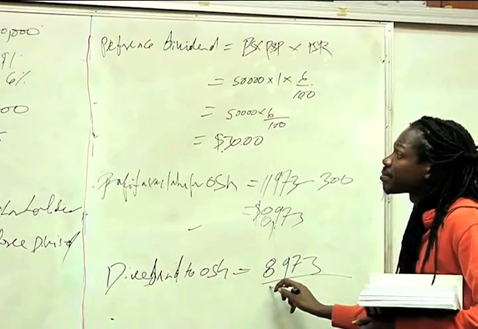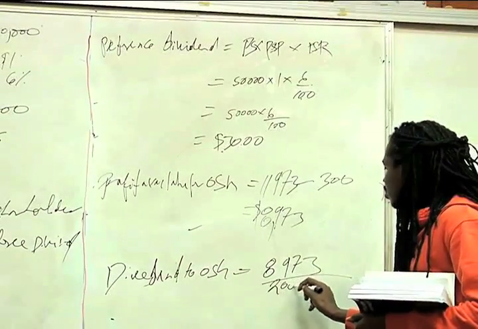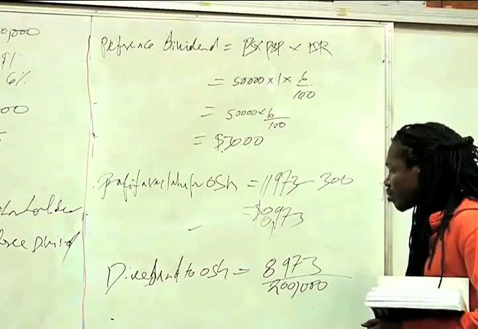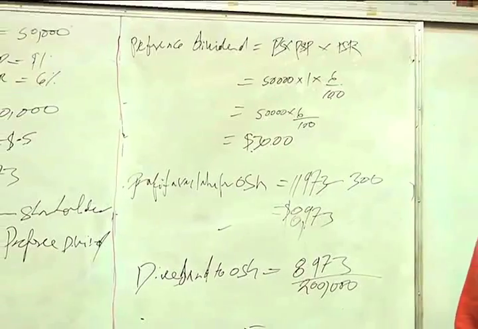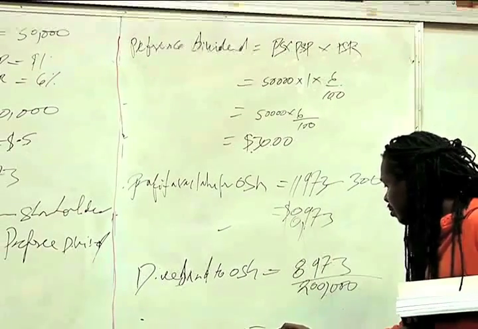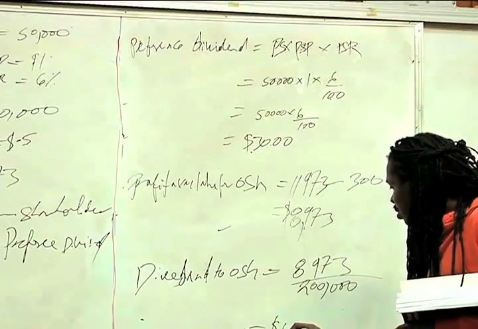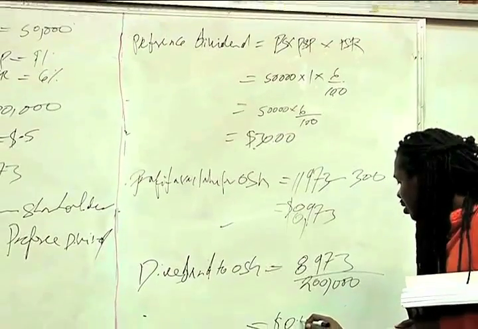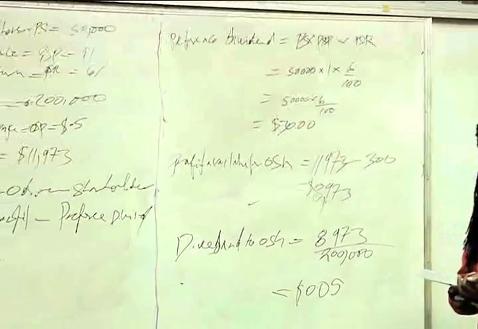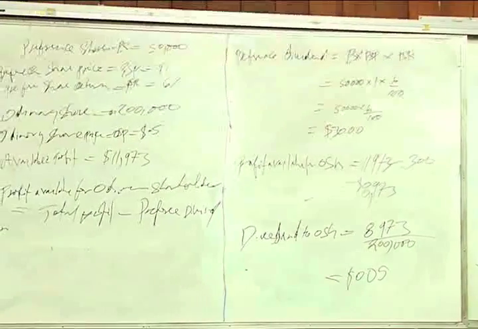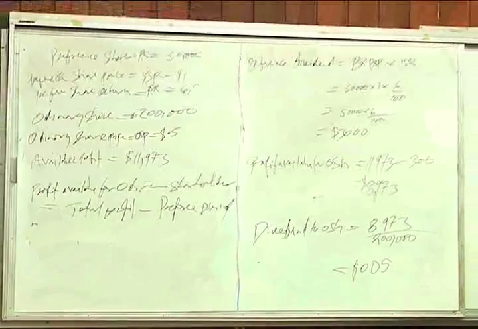How much is that? 200,000. 8,973 over 200,000 equals 0.0448. But that is in dollars.